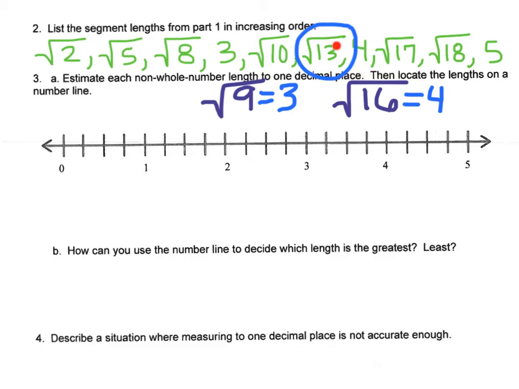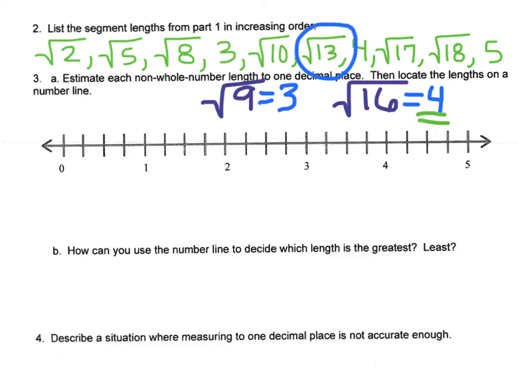Well, if I look at 13, 13 is 4 away from 9. 13 is only 3 away from 16. Since 13 is closer to 16, the square root of 13 is going to be closer to 4.